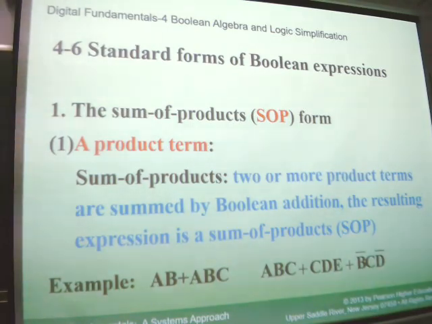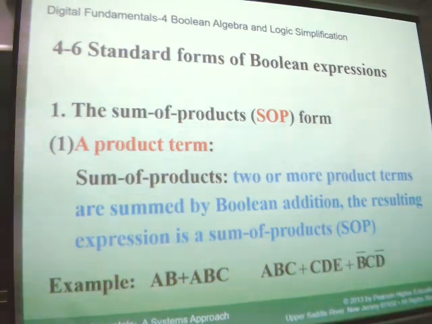Then section 4.6, standard forms of Boolean expressions. First, SOP, the sum of products form. Two or more product terms are summed by Boolean addition.